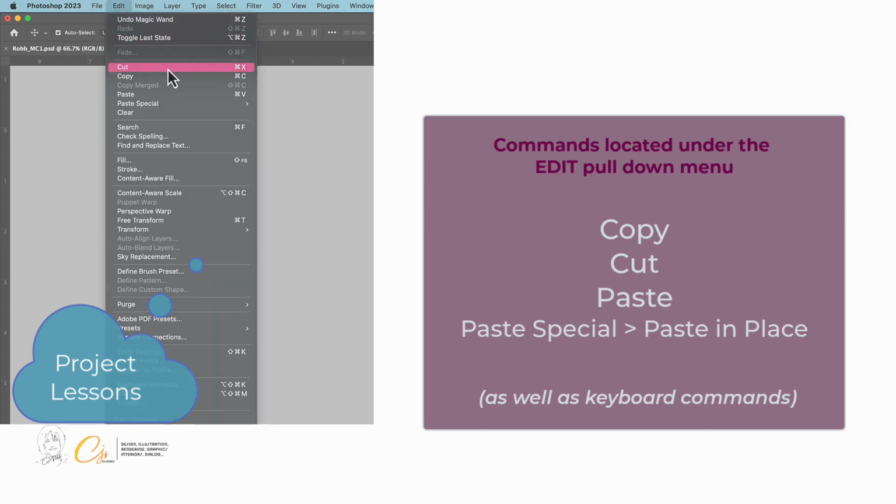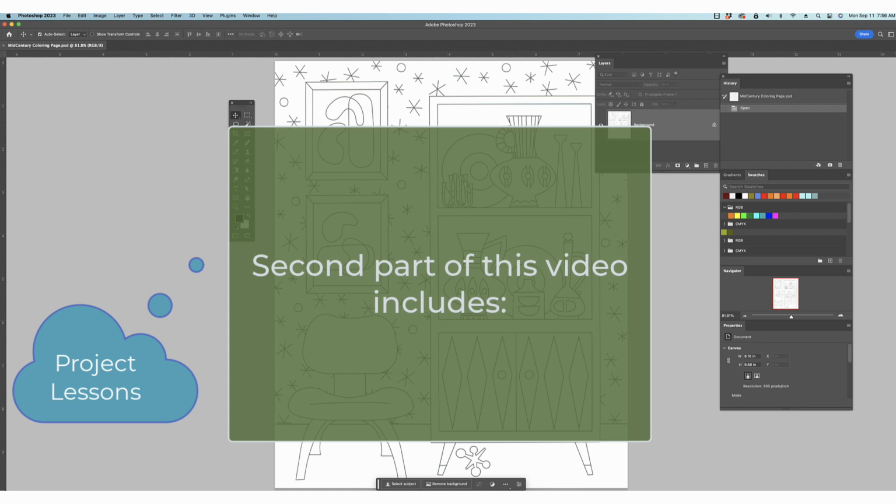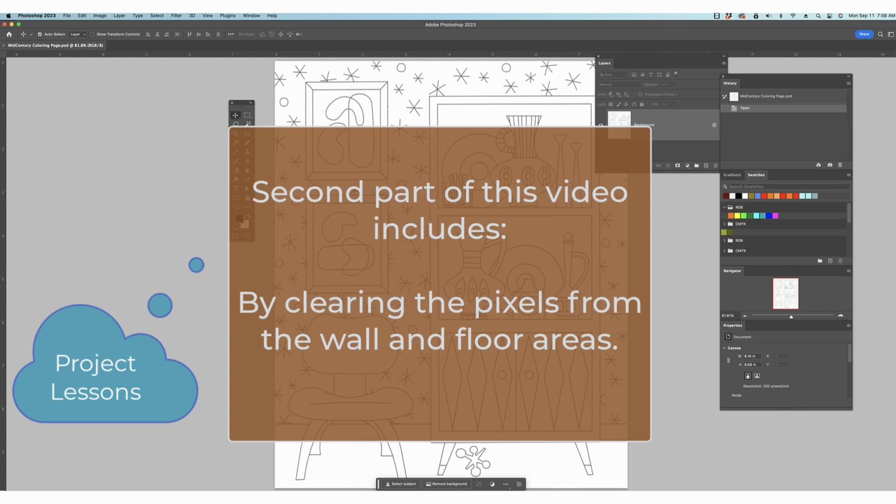Copy, cut, and paste commands are located under the Edit pull-down menu. The second part of this video will prepare the areas to be rendered in Part 2, which include clearing the pixels from the wall and the floor areas.